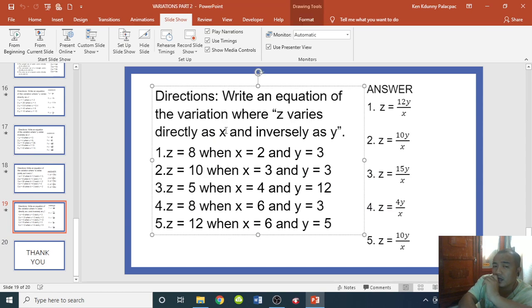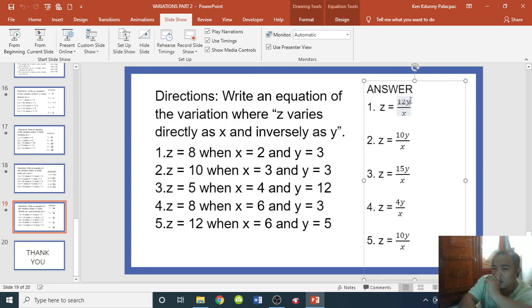It should change. Right, it is reversed. 12x over y, because it varies directly as x. 12x over y. The constant of variation is correct. So we just replace it.